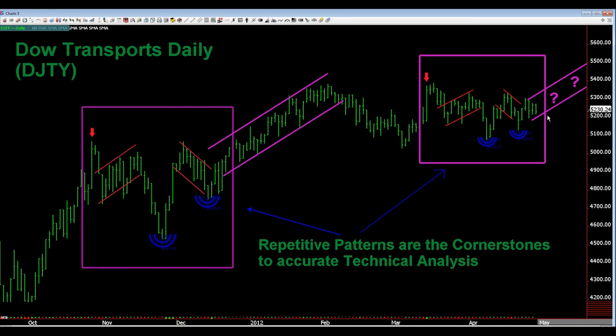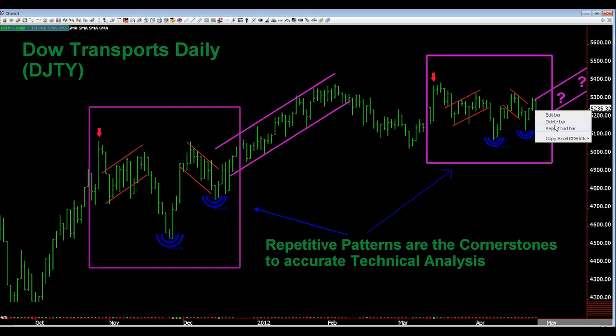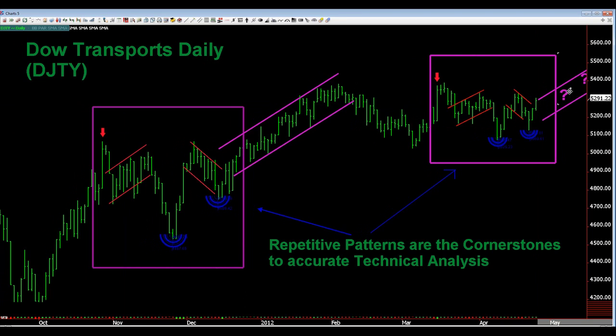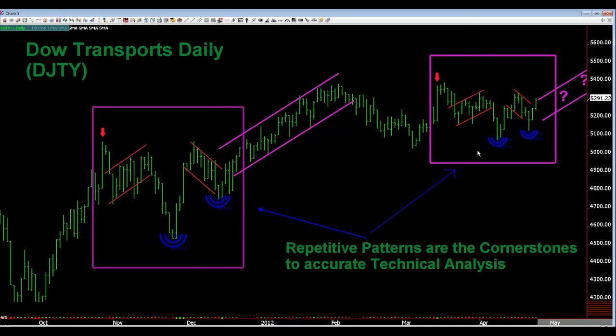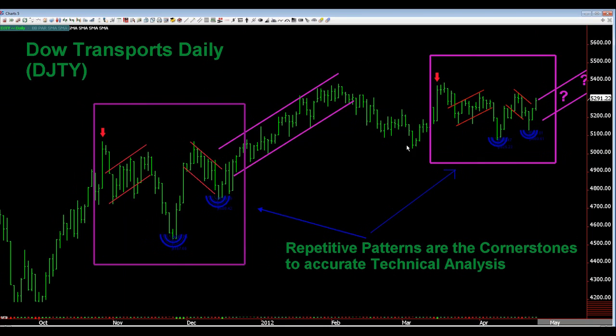When I brought this to you, I showed this to you like this and said, here's where we stand now. I expect from this day forward, we go inside and fill this channel because it should look exactly like this one when it's over, because repetitive patterns are the cornerstones to accurate technical analysis. With that in mind, what you see right here is exactly what we're looking at right here. This is smaller and quicker, but it is the same and should produce the same result.